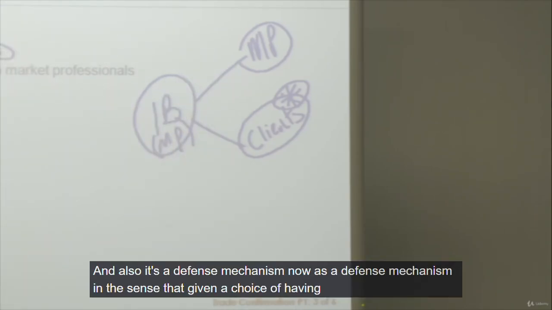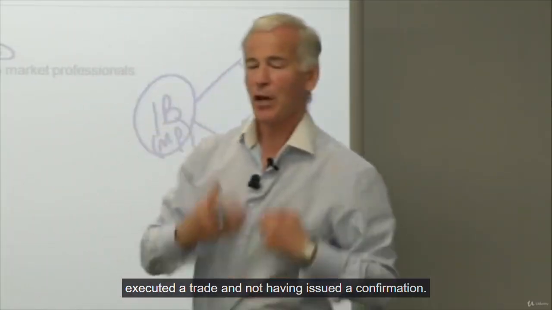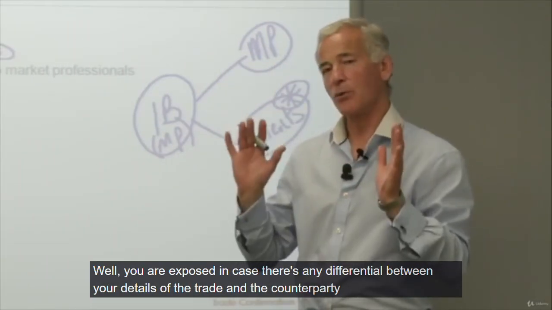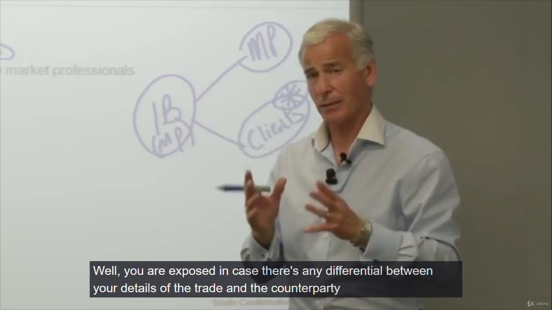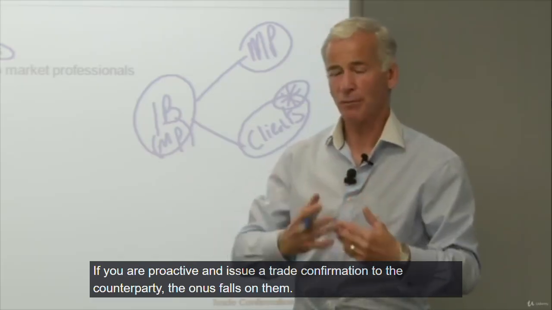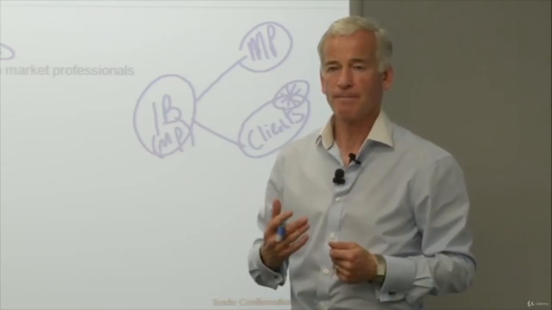And also it's a defence mechanism. Now, it's a defence mechanism in the sense that, given a choice of having executed a trade and not having issued a confirmation, well, you are exposed in case there's any differential between your details of the trade and the counterparty's detail. If you are proactive and issue a trade confirmation to the counterparty, the onus falls on them.